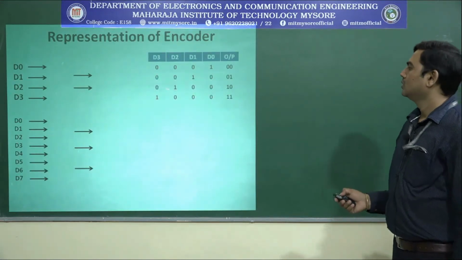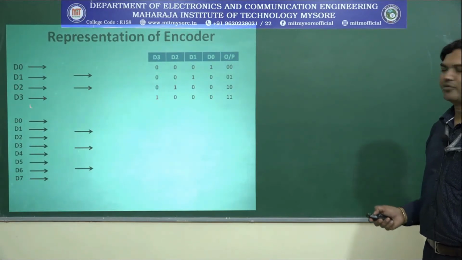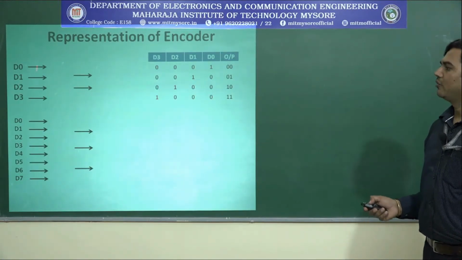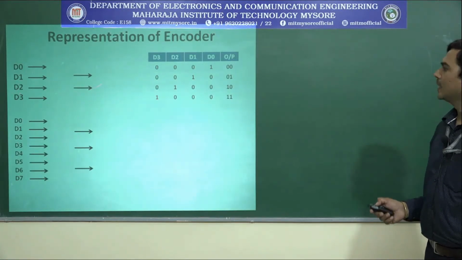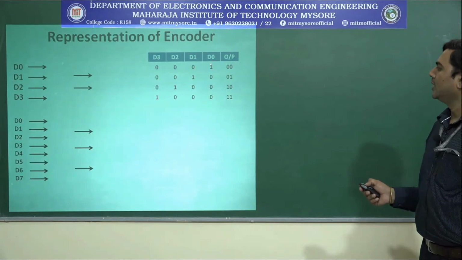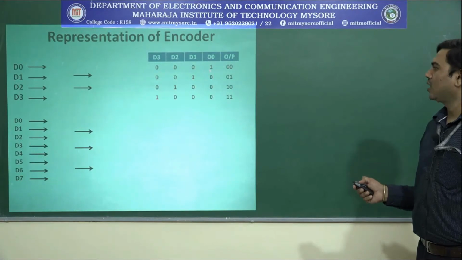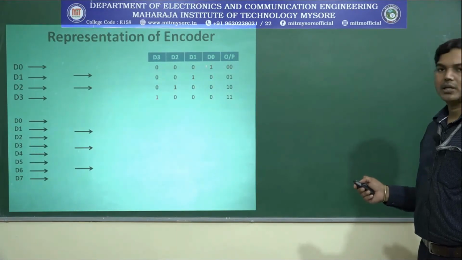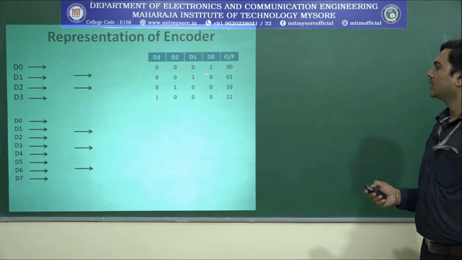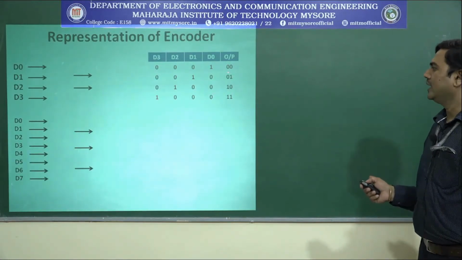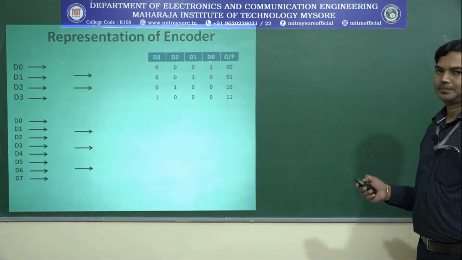Let us understand how to write a function describing a 4 input line to 2 output line encoder. Suppose D0 is the active channel, D0 is logic high. So, at the output we should obtain the index 0 0 corresponding to D0.